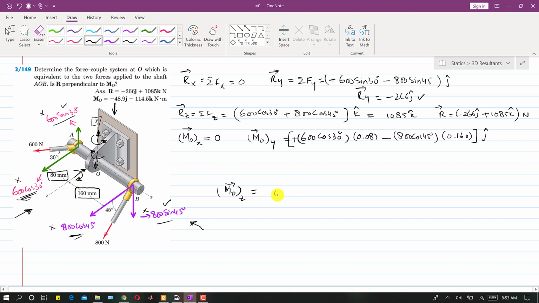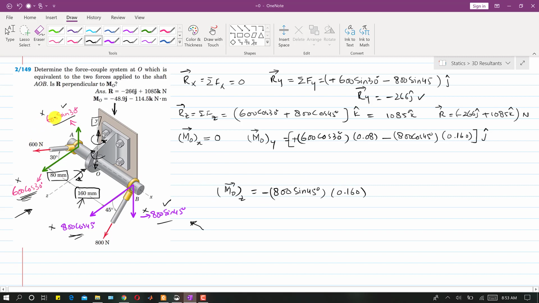So the magnitude of that moment will be 800 sine of 45 degrees, and the perpendicular distance of this sine component from the z-axis is again this 160 mm. So I will multiply it with 0.160, and since this is in the negative z direction, I will put a minus sign.